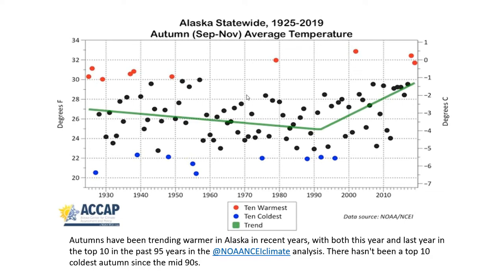So I would need to see what the R squared value for that is and what the analyses indicated. The 10 coldest, yes, look at the warm years, right? We got them here. This is statewide. This is the entire state of Alaska. So we've had some warm years before. We've had some cold years. Makes sense, right? The last 2 years have been very warm.